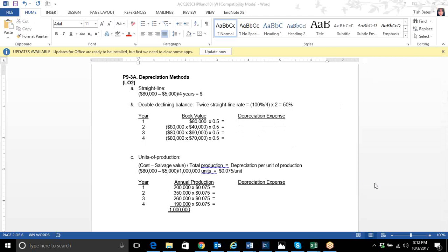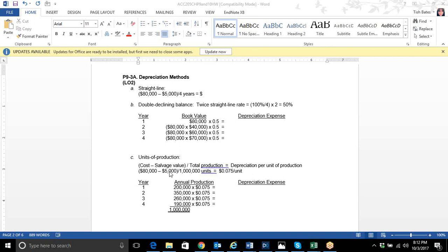All right. Then the last method that it asks you about is units of production. So the formula for that is going to be cost minus the salvage value divided by the total production equals your depreciation per unit of production. So 80,000 is our cost.